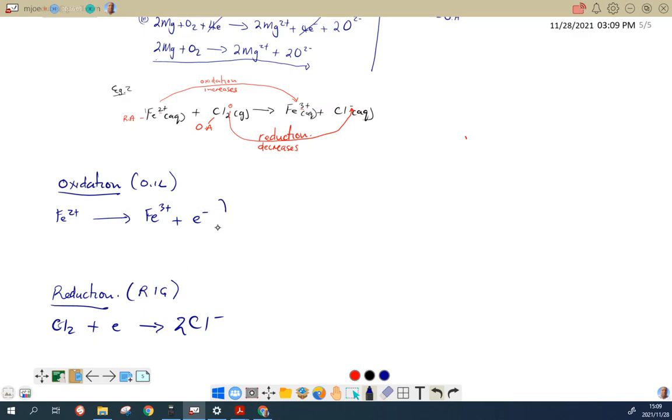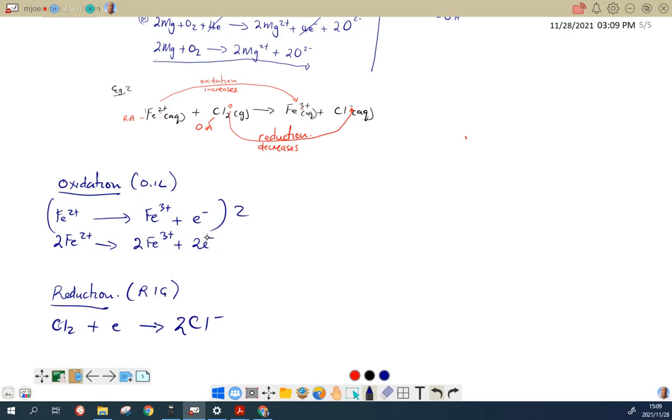This guy at the top here, where there's the oxidation, it needs to lose more electrons, so I multiply that by 2, and if I multiply this by 2, I'm therefore going to be able to say I now have each one of these iron 2s losing an electron to give me 2 iron 3s plus 2 electrons that have been lost.